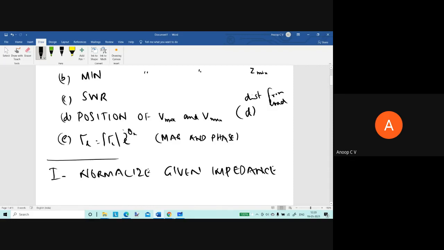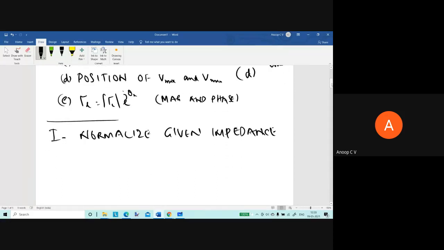So I will write small z is equal to, all of you please take it down along with me, ZL by Z0, that is equal to 1 by 400 into what was ZL?